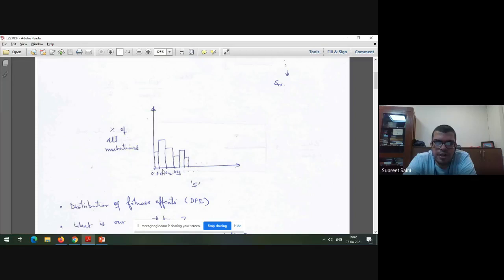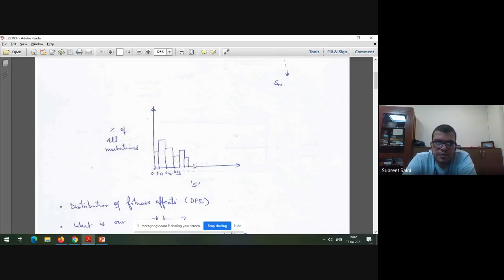Then we ask how many had a selection coefficient between 0.01 and 0.02. These are those beneficial mutations which are imparting a benefit between 1% and 2%. So this is 20%, then this is 18%, and so on. You keep going till every beneficial mutation is accounted for. At the end of it, you get some sort of a distribution associated with beneficial mutations.